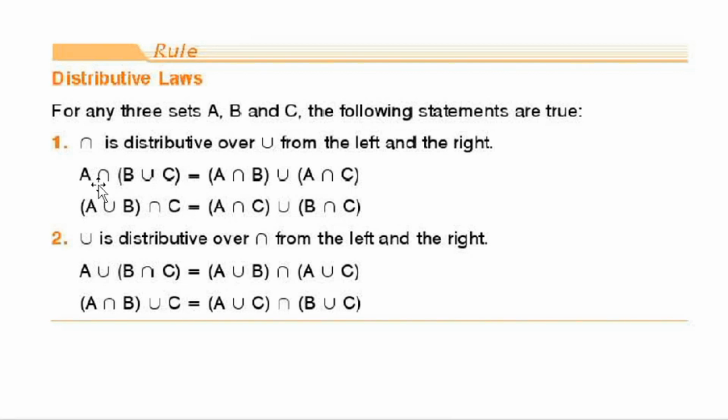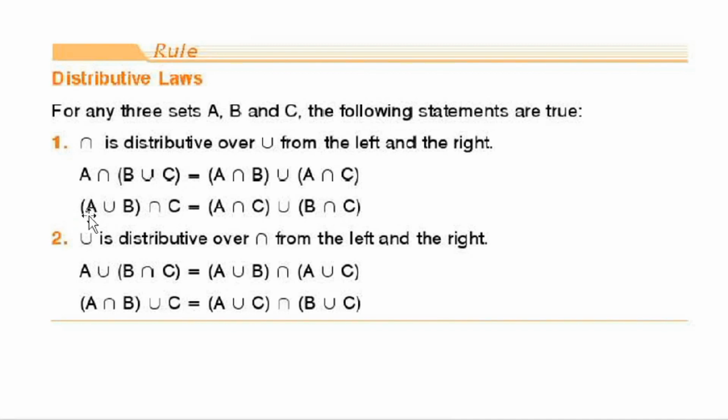We have A intersection the quantity of B union C is equal to A intersection B, union A intersection C. That is from the statement that intersection is distributive over union from the left and right.